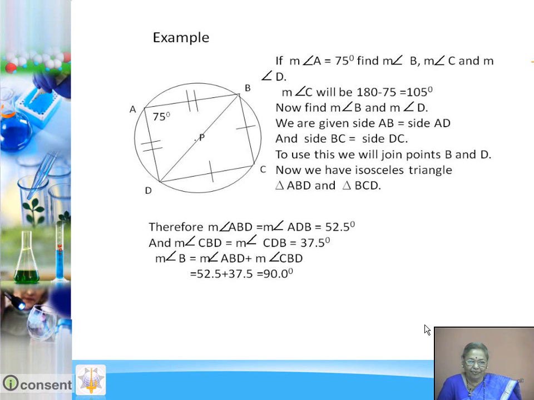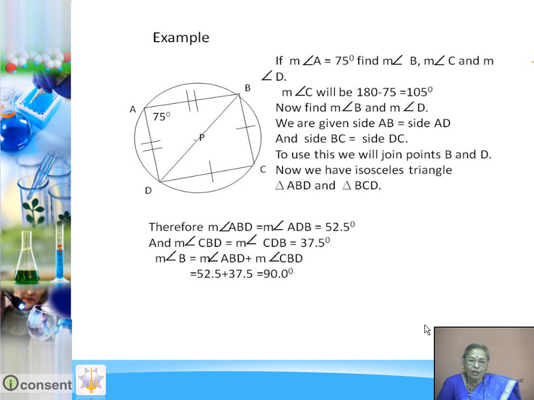105 degrees. Now to find out angle B and D, we have joined B and D. The triangles formed are isosceles triangles. The property of isosceles triangles is that the base angles of an isosceles triangle are always congruent.